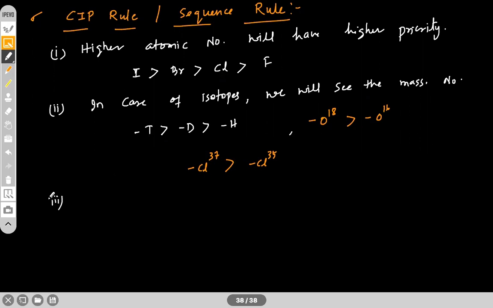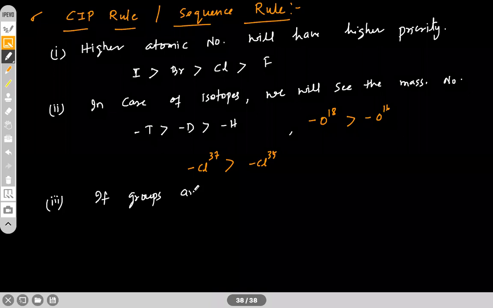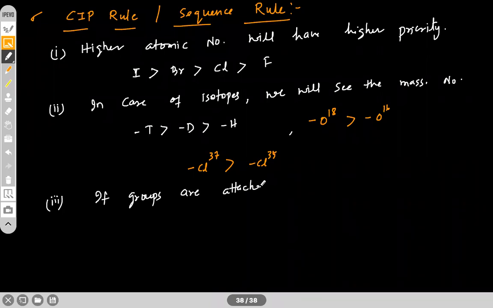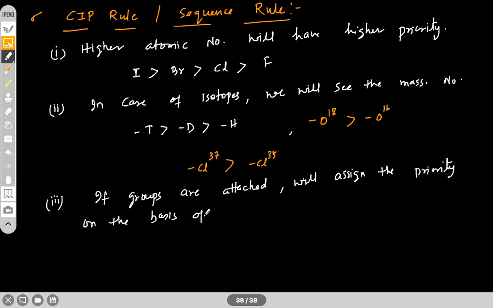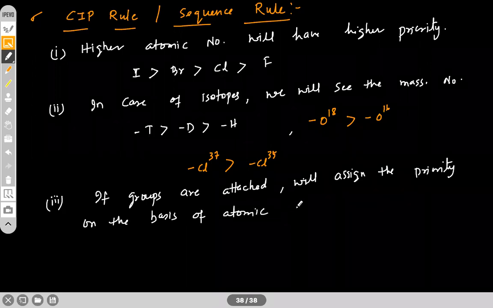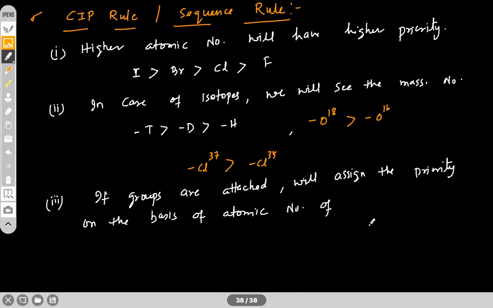Third one, if groups are attached, then we'll assign the priority on the basis of the atomic number of the first atom.